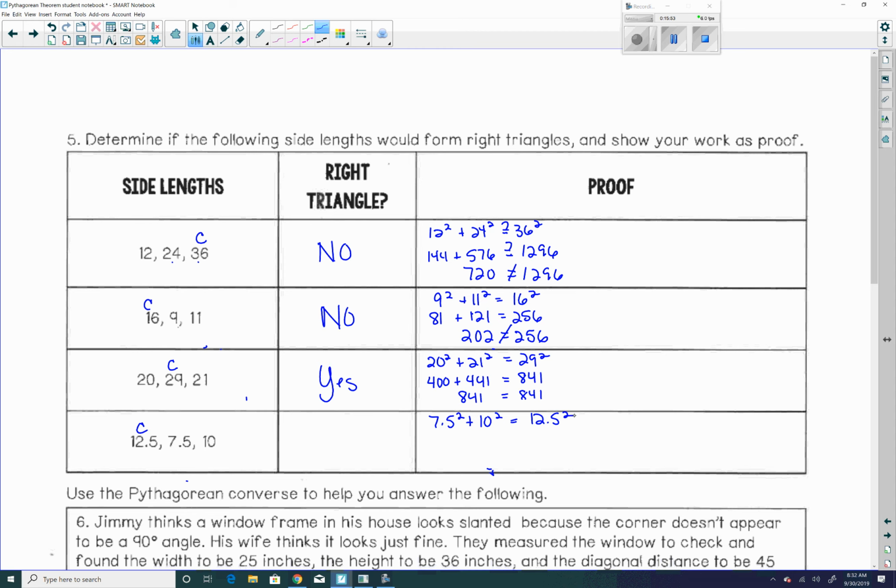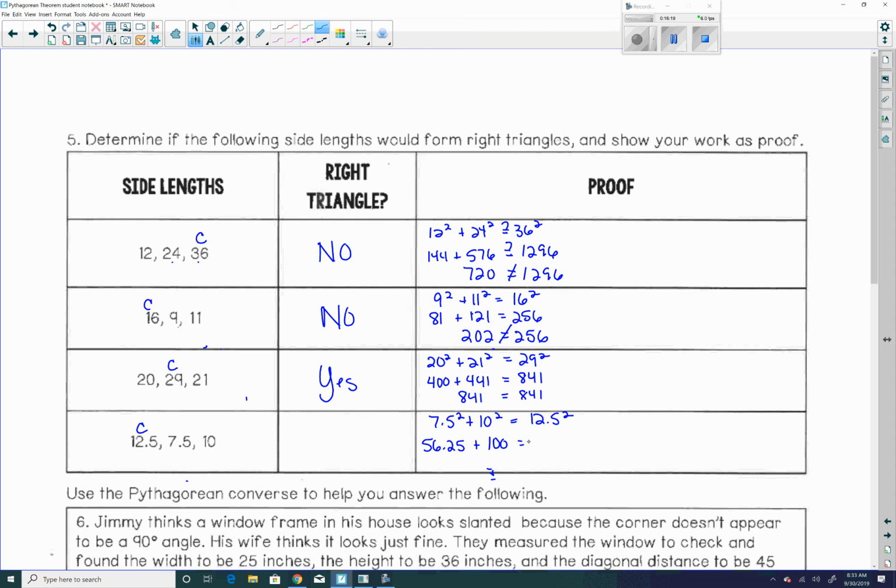Did you set it up the same way? If you had 10 squared plus 7.5 squared equals 12.5 squared, that's fine, as long as your longest side is your C side. So 7.5 squared, I get 56.25. 10 squared, of course, is 100.